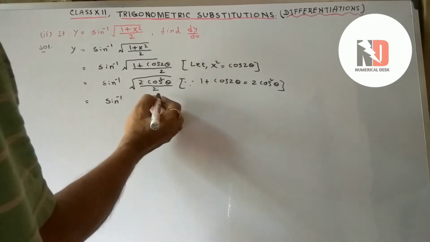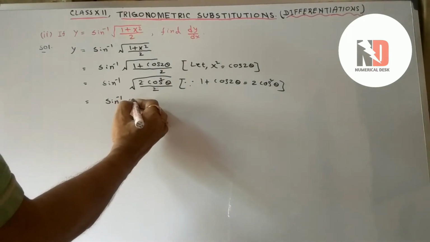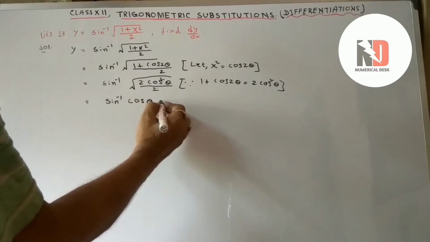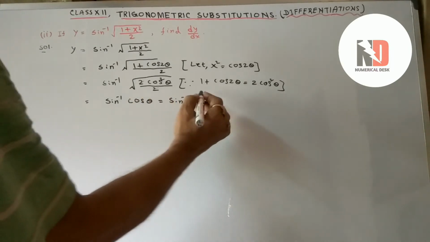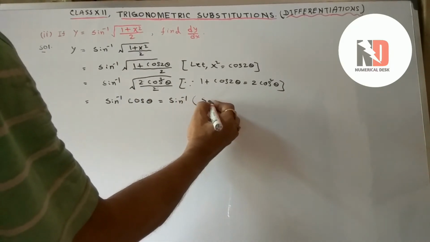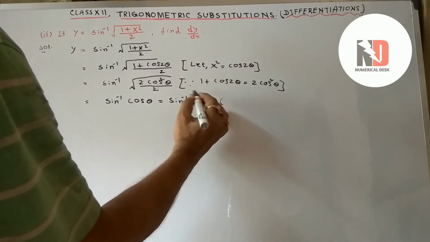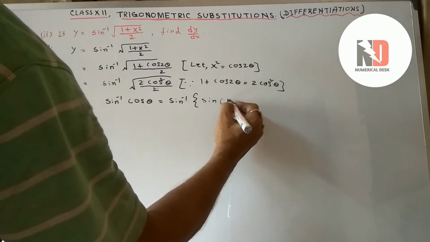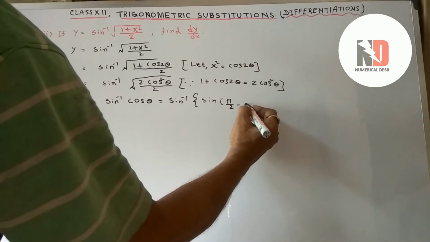So sin inverse 2 to gun, so only cos theta equal to sin inverse cos theta, which can be replaced in terms of sin by pi by 2 minus theta, because sin inverse sine format will remove the trigonometric expression.